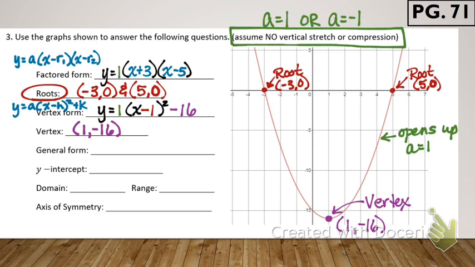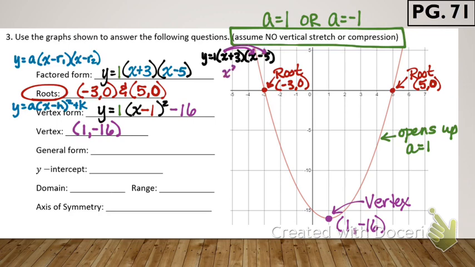Which form do you guys want to use to find our general form? Factored. I think factored form is easiest, so let's go ahead and do that one. So if I'm going to use my factored form, y equals 1 times x plus 3 times x minus 5. What kind of distribution do I need to use here? Double distribution, because we have 2 terms here.